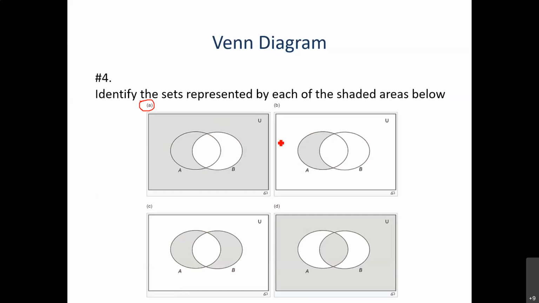Exactly. It's like everything other than B. So you can either say U minus B, or for example, B bar, the complement of B, which means the exact same thing. It's just U minus B. Yeah. What about this one?